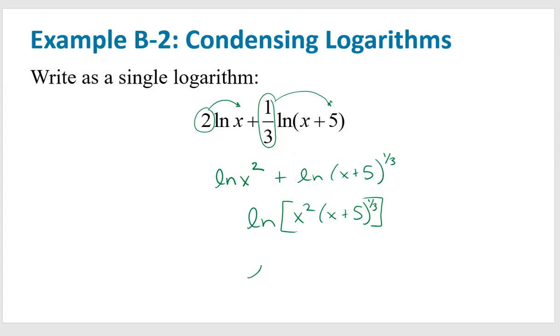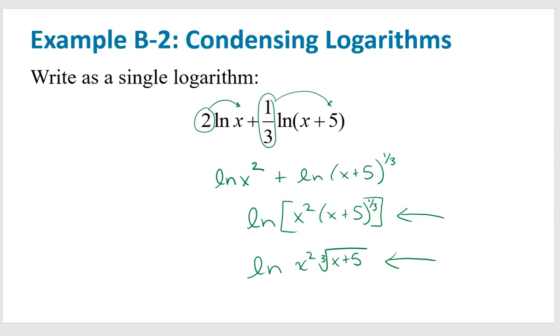So you would rewrite this as the natural log of x squared times the cube root of x plus 5. So this answer or this answer, both correct. Personally, I like the exponential notation. Some people like the root notation. It's just a personal preference thing. But both of them are correct.